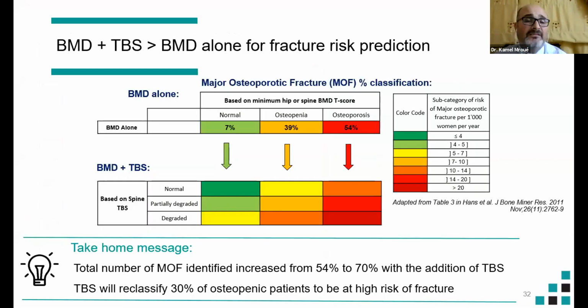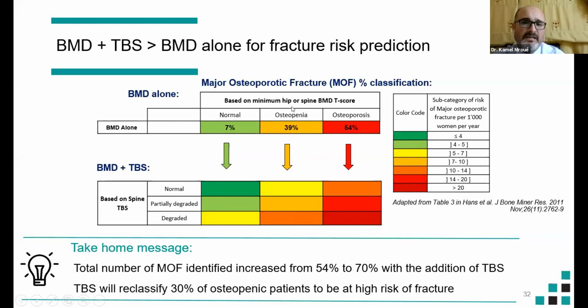Clinically, does the TBS add anything to fracture risk prediction? Yes. Actually, as you well know, around 40% of the osteopenic patients have a moderate to low major osteoporotic fracture risk on the FRAX, and around 54% have high risk.